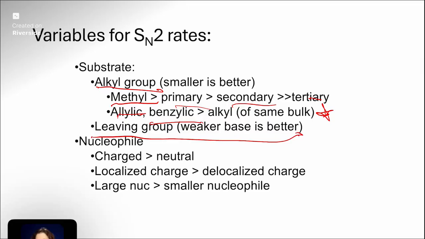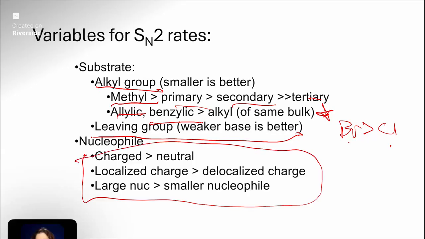And you saw this in lab when reactions of the same substitution with a bromide leaving group were faster than chloride. For example, butyl bromide was faster than butyl chloride. And finally, the effect of the nucleophile. If it's charged, it's going to be a stronger nucleophile than neutral. If it's got localized charge, it's a stronger nucleophile than a delocalized charge. And in certain solvents, larger nucleophiles are better than smaller nucleophiles.